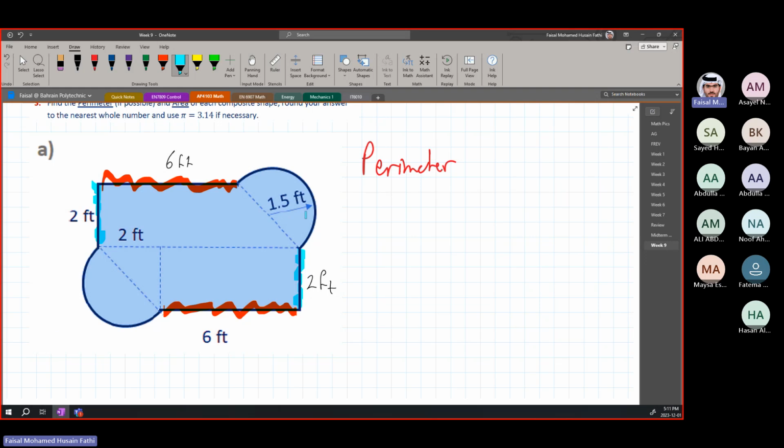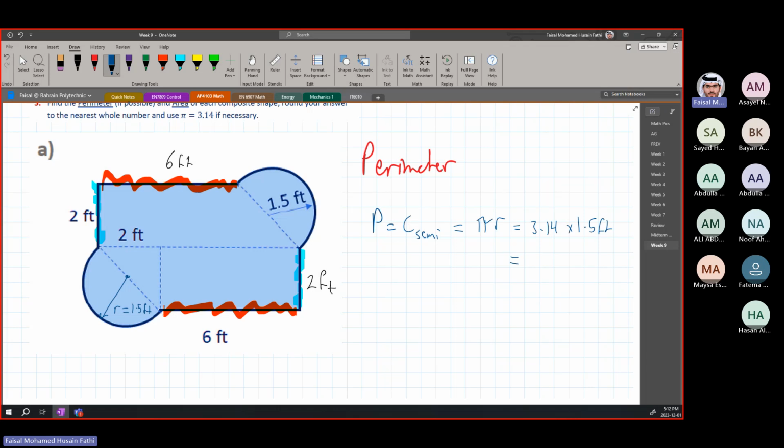And the circle, again, it's the same size. It says 1.5 feet radius here. So this circle will also have 1.5 feet radius. So from the center to any side, this is the radius r, which is equal to 1.5 feet. Okay, to find the circumference of a semicircle, it's equal to pi r, which is equal to pi 3.14 times the r given, which is 1.5 feet.